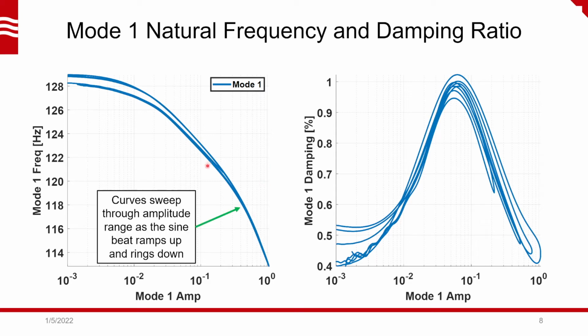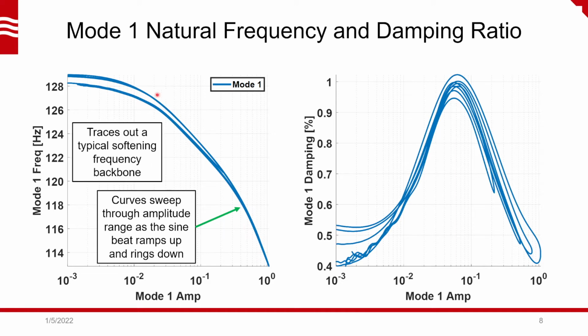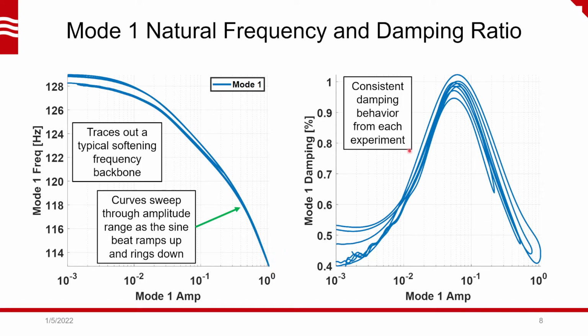So for mode 1, the frequency traces out a pretty consistent backbone curve, where it starts near the linear natural frequency of the mode and then softens with increasing amplitude. And the damping has a consistent bell shape where it initially increases and then decreases.